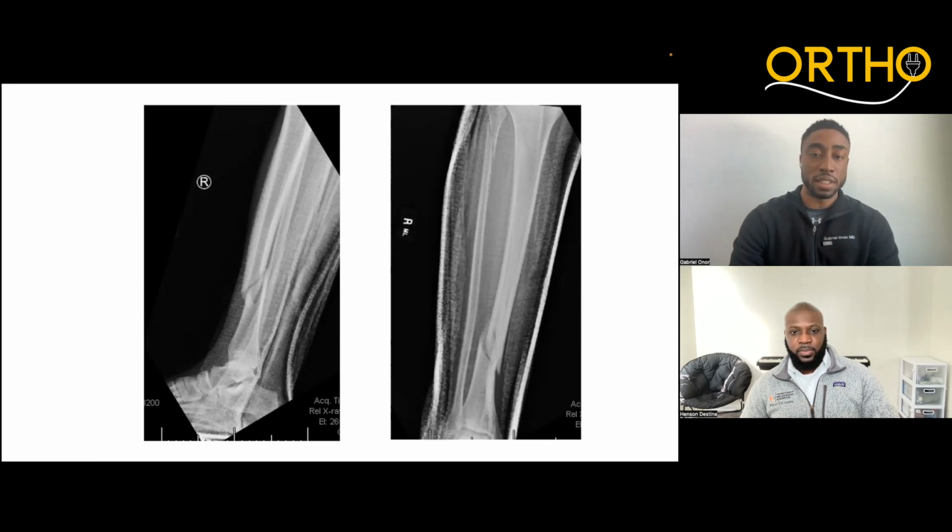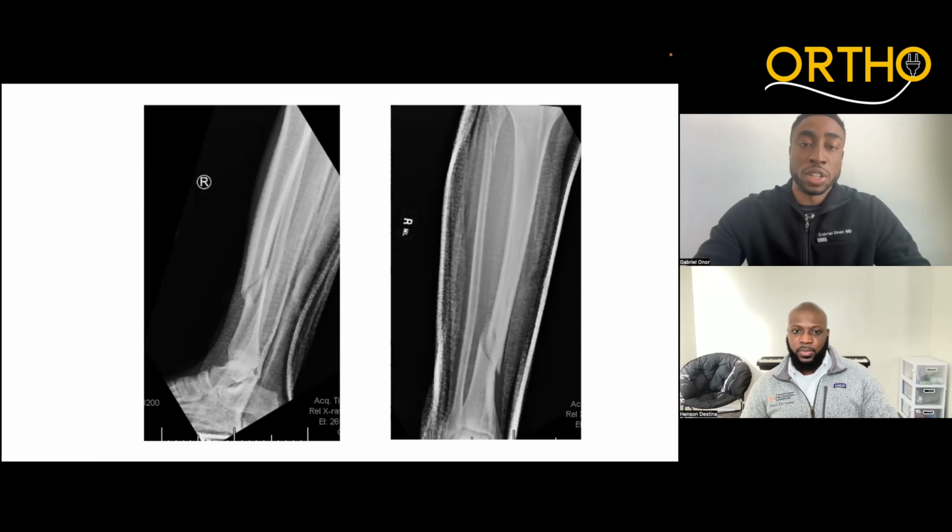But in these days, we pretty much always treat these operatively if the patient is able to go to the operating room. But definitely we'll need a long leg splint rather than a short leg. So first things first, you get it immobilized.